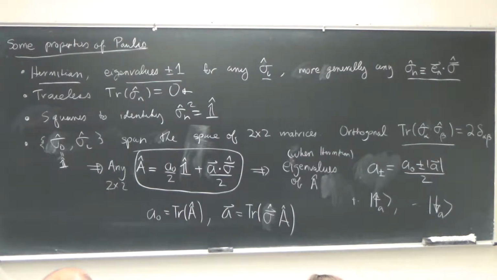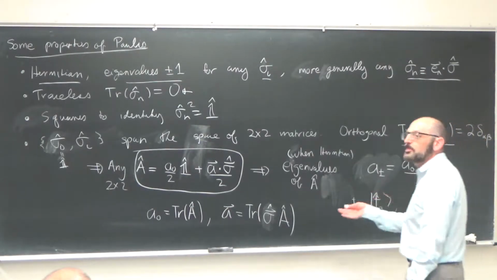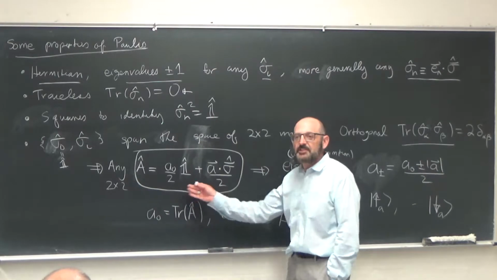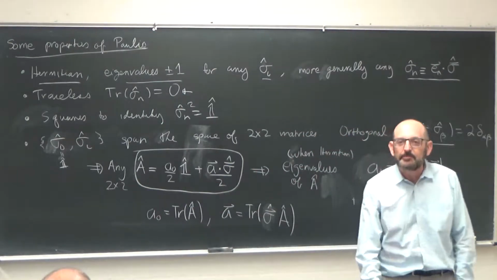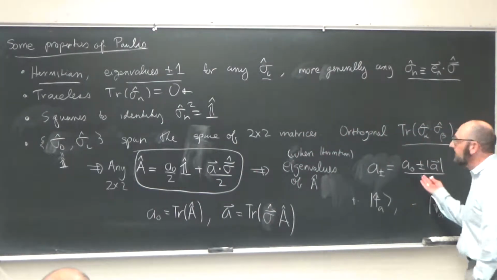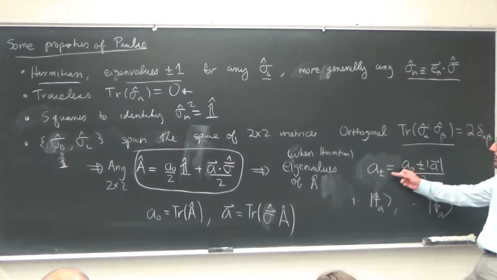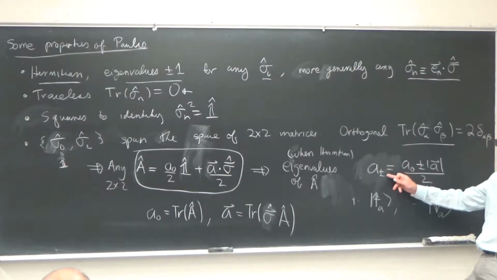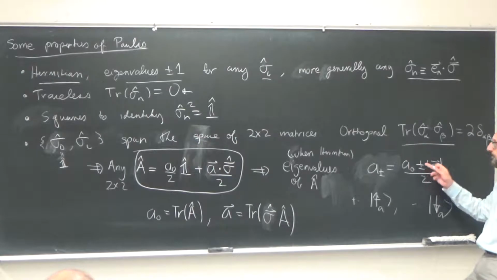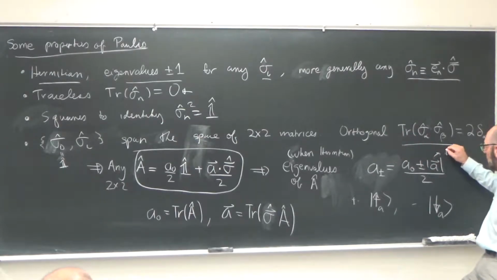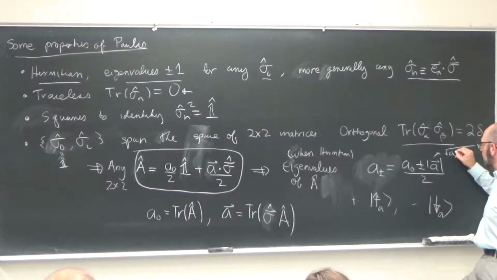You will not do that anymore. What you will do is re-express your matrix as a superposition of Paulis and then just look at the answer. And the answer is this. There is one eigenvalue that I'm labeling A sub plus, which is A0 plus the magnitude. So this is the square root of AX squared plus AY squared plus AZ squared.